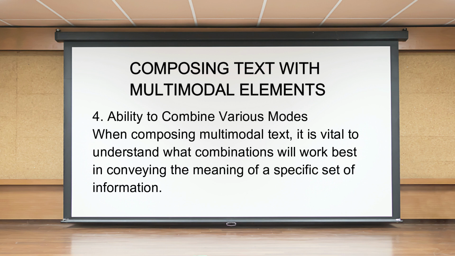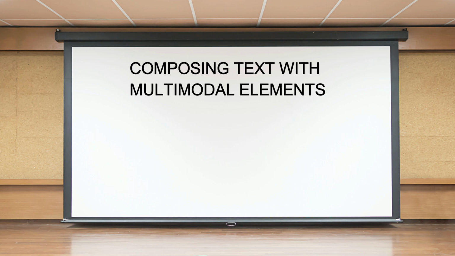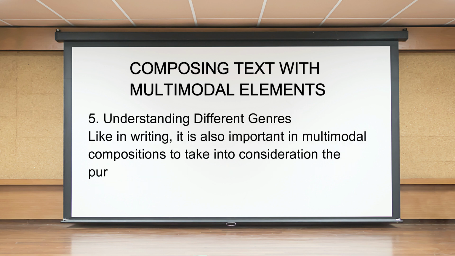When composing multimodal text, it is vital to understand what combination will work best in conveying the meaning of a specific set of information. 5. Understanding different genres. Like in writing, it is also important in multimodal compositions to take into consideration the purpose, target audience, and text type.